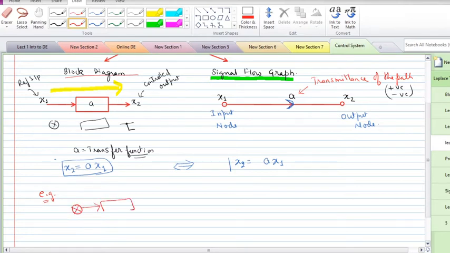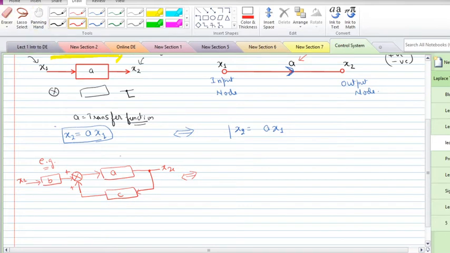It consists of a block with transfer function A, and here it has a transfer function B, and we are given a positive sign where this is connected to the feedback with C, and this is your takeoff point. Let us suppose this is your x2 and this is your x1. Then how can we represent this as a signal flow graph?